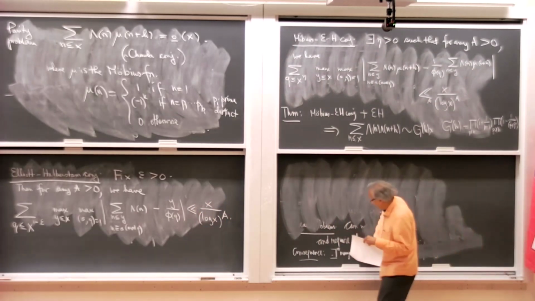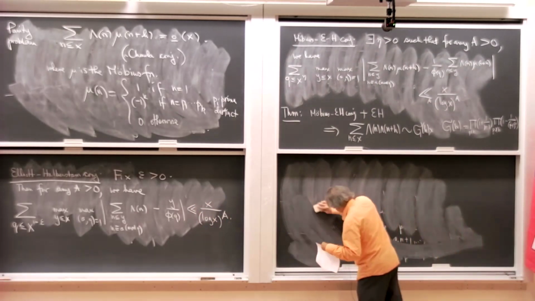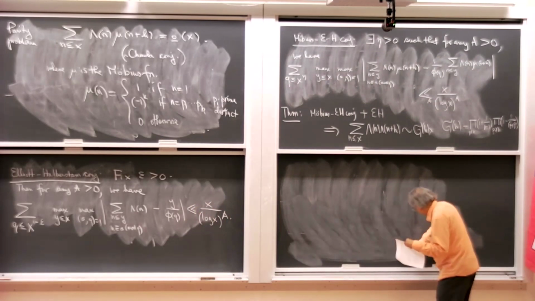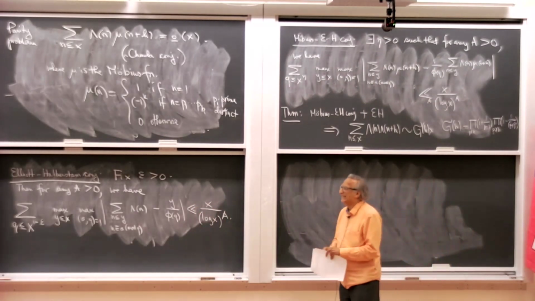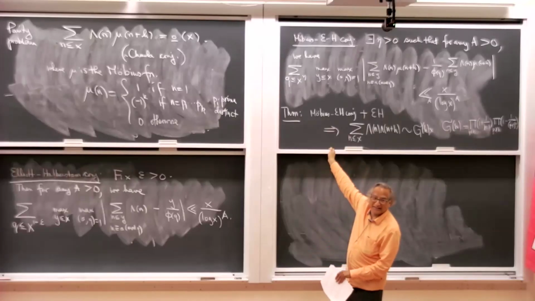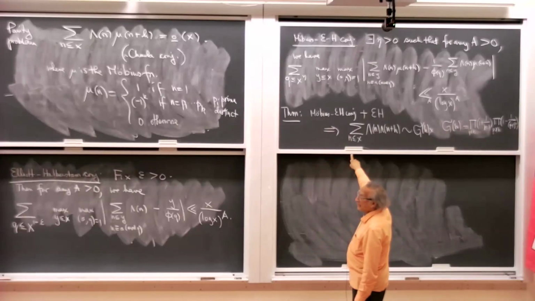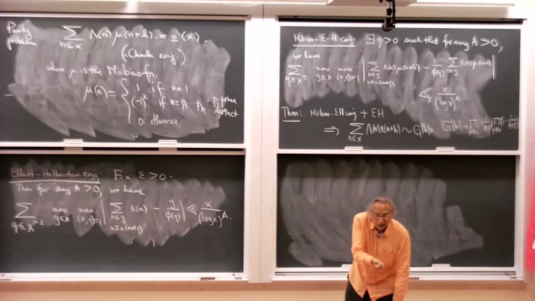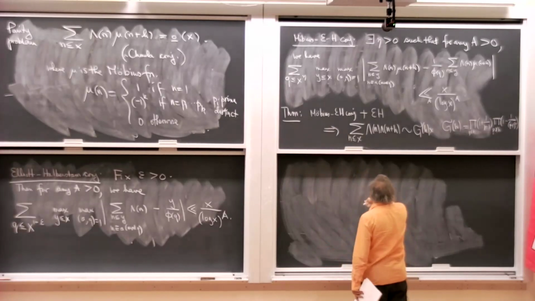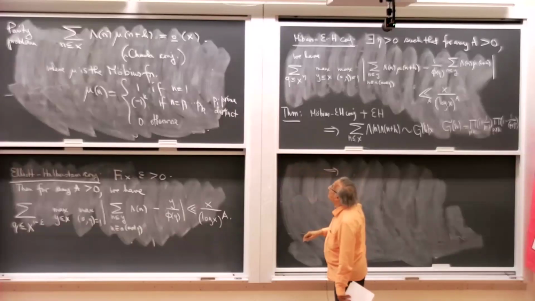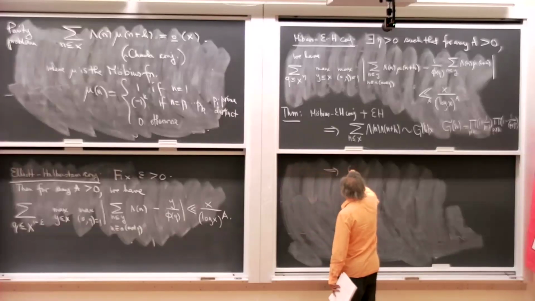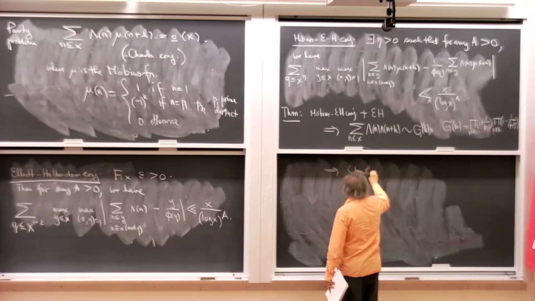In fact, under this extra hypothesis, the Elliott-Halberstam plus this Mobius Elliott-Halberstam in a tiny range will give you this, and it'll also give you the Chowla conjecture, of course.